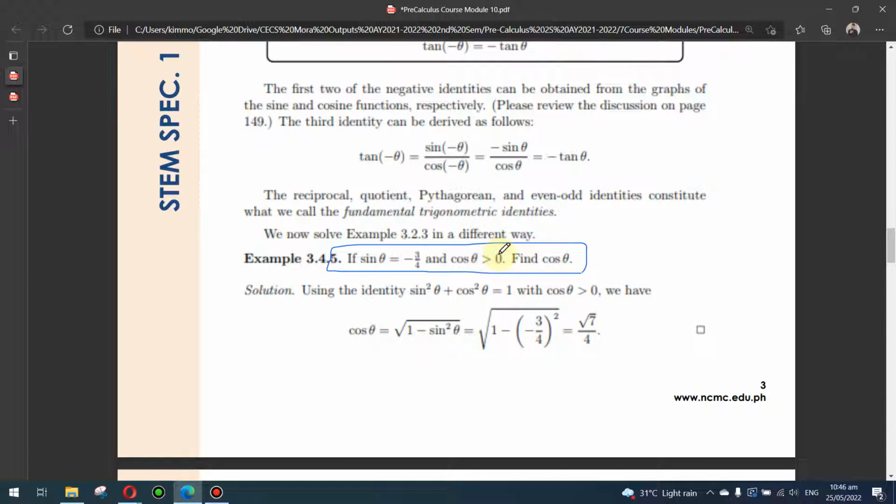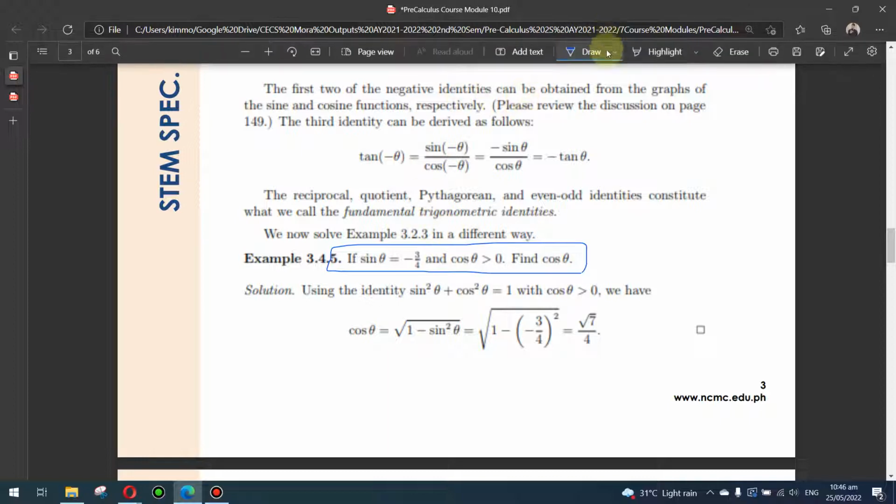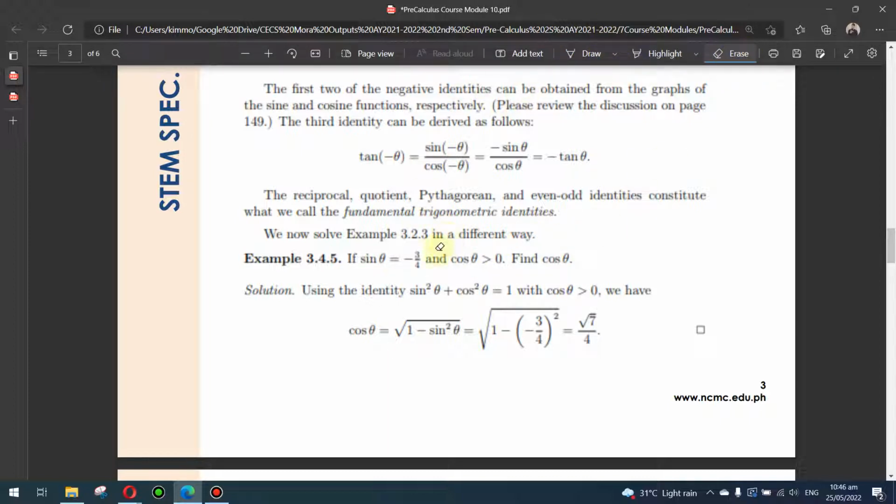You learned this in the previous topic, but the way we solve it now is different. This time, since we already know these identities, we can solve this in a different way, by using the identities that we have just learned.